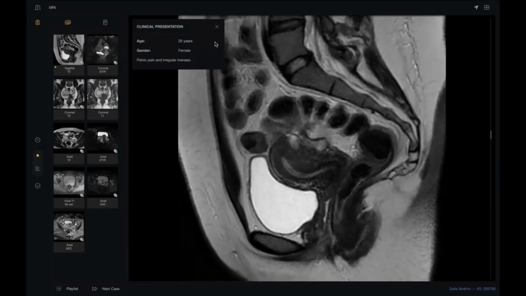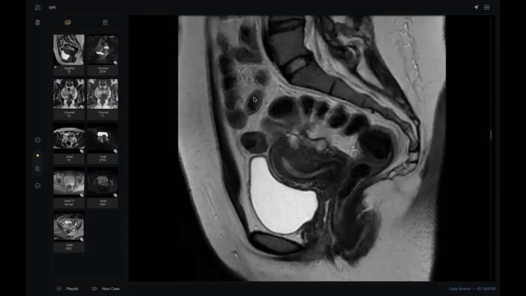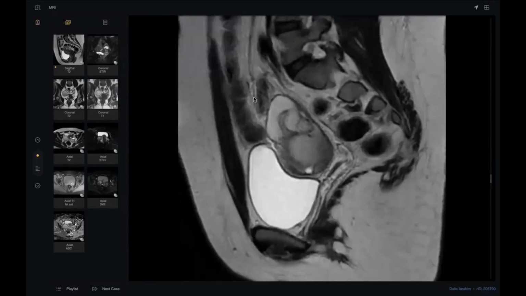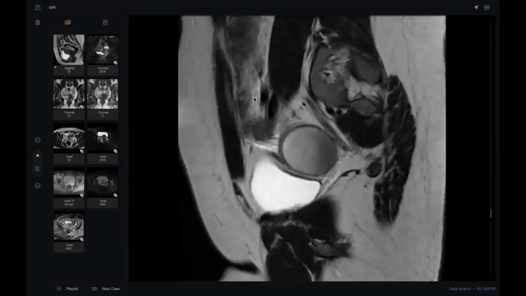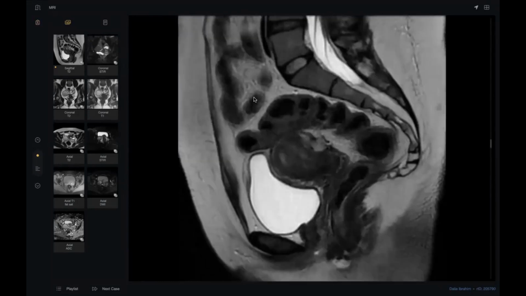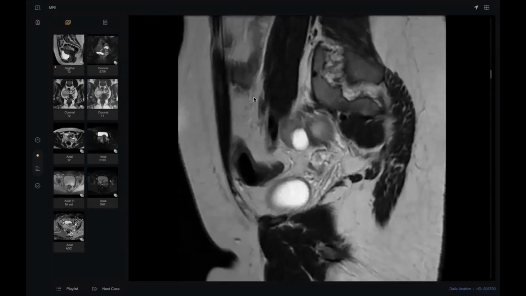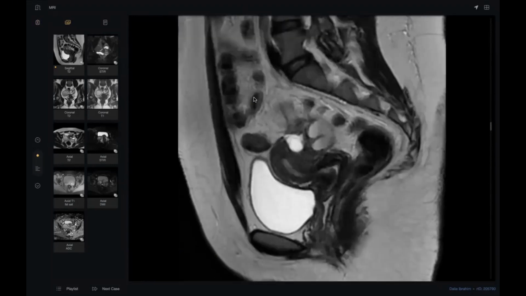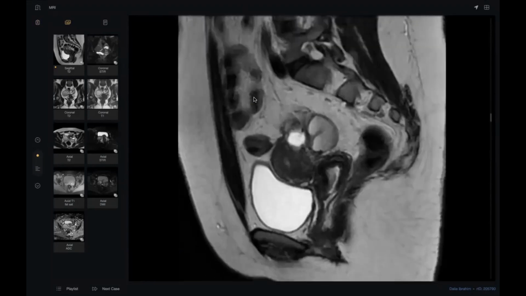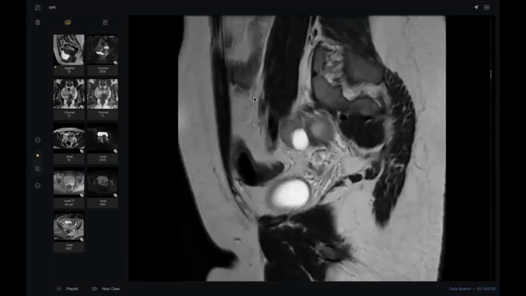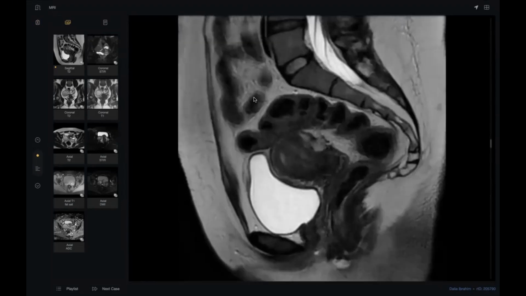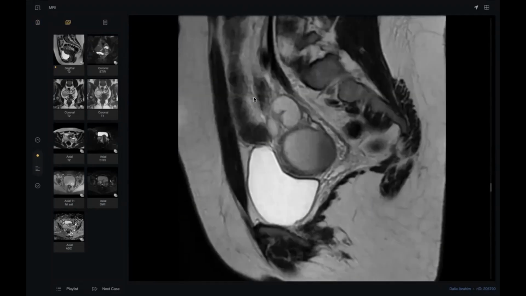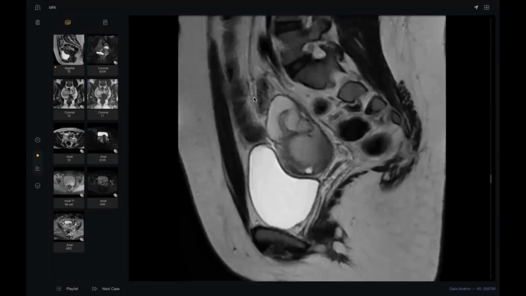A 25-year-old female patient presented with pelvic pain and irregular menses. These are sagittal T2 weighted MR images in a 25-year-old female who presented with irregular menstruation, in which I can appreciate cystic areas seen posterior to the uterus, with a layering and fluid level ranging from hypo to hyperintensity, suggesting T2 shading sign.